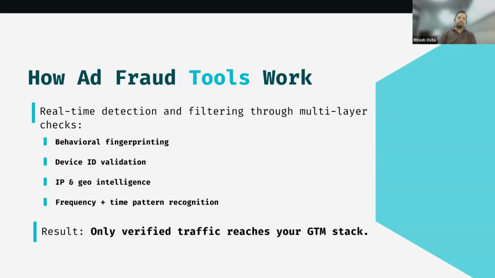So how do ad fraud tools work in real time? One is behavioral fingerprinting. That means you can check the behavior. If a bot is coming, the bot might be visiting 10 pages in less than 3 seconds, or maybe less than 1 second. That's the problem with behavior, right? Because human beings will not visit 10 pages in less than 1 second.